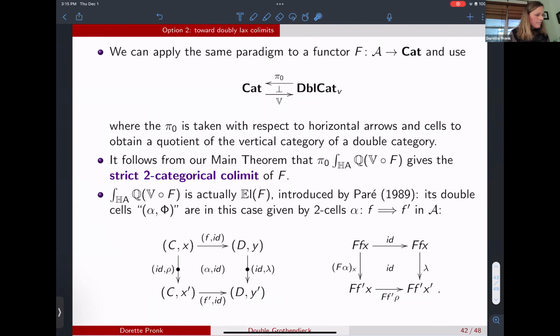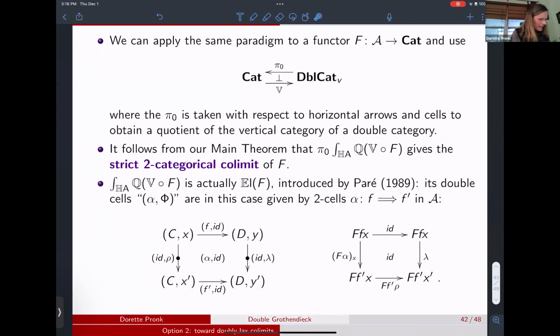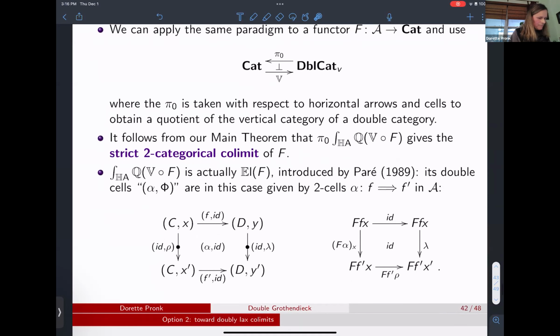And then it follows from our main theorem that if I take pi naught of the Q of V after F over HA, we get the strict two-categorical colimit of F. So we can get the oplax one as a tricolimit, and then we have the strict two-categorical colimit as well as a special case of what we have here. And this is actually the elements construction of Paré. And I'm wondering whether I have that date here correct, but I'll leave that for now.